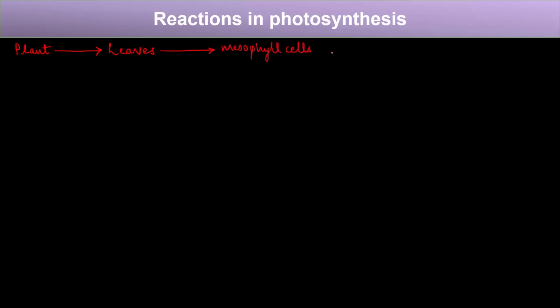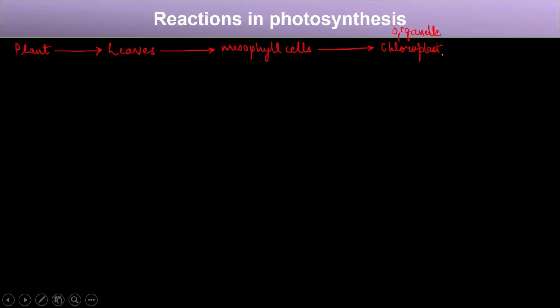Now, inside the mesophyll cells, because we have studied in the cell chapter that cells consist of different organelles, where does photosynthesis take place in the cell? In the cell, photosynthesis takes place in the chloroplast. Chloroplast is an organelle.